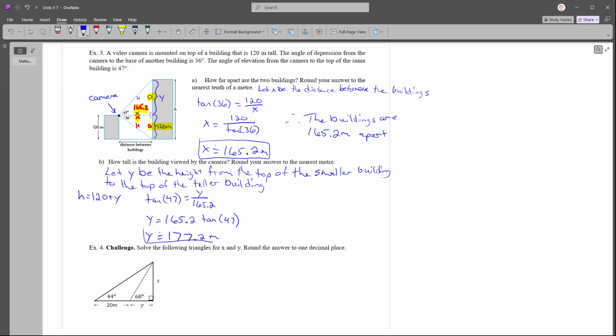Well, that's good, but I wasn't just trying to calculate y, I was trying to calculate the height. So that means we have to substitute that in. So h is equal to 120 plus 177.2. Now it's approximate because 177.2 is rounded, so h is going to be 297.2 meters.